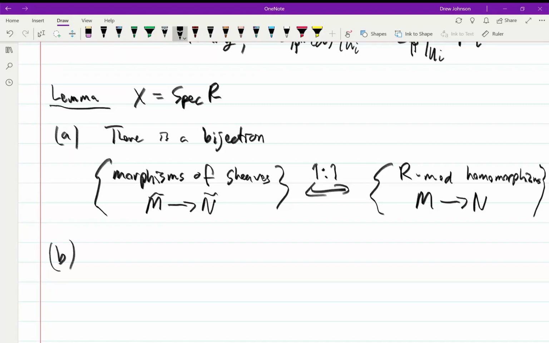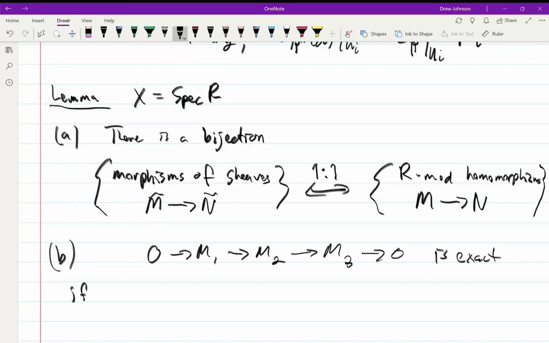And for part B, suppose we have a sequence of R-modules. It is exact if and only if the corresponding sequence of tilde O_X-modules is exact.